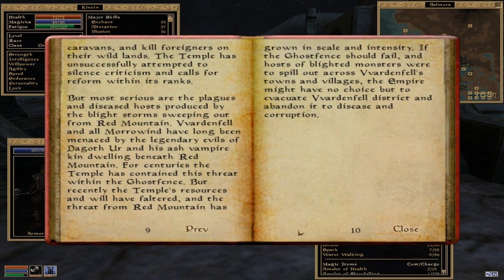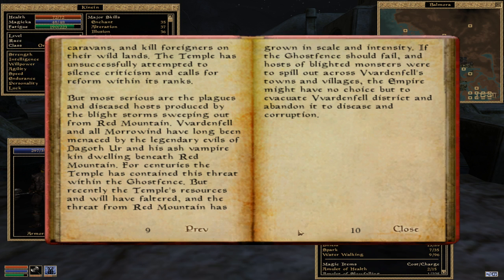Vvardenfell and all Morrowind have long been menaced by the legendary evils of Dagoth Ur and his ash vampire kin dwelling beneath Red Mountain. For centuries, the temple has contained the threat within the Ghostfence, but recently the temple's resources and will have faltered, and the threat from Red Mountain has grown in scale and intensity.